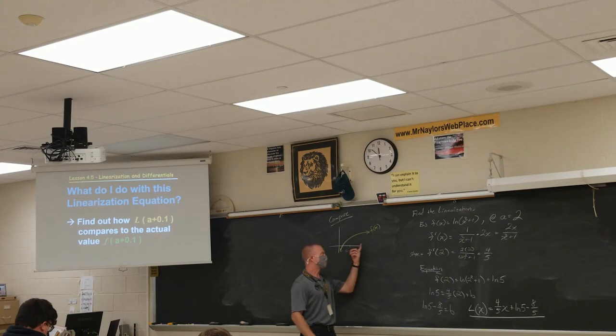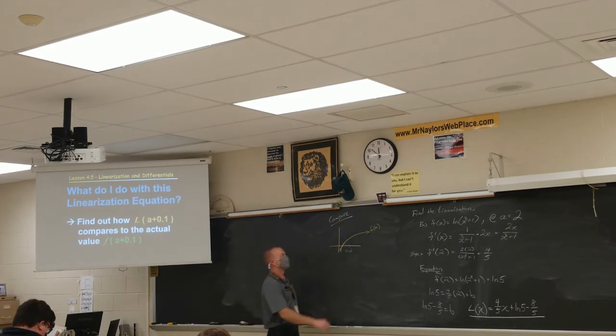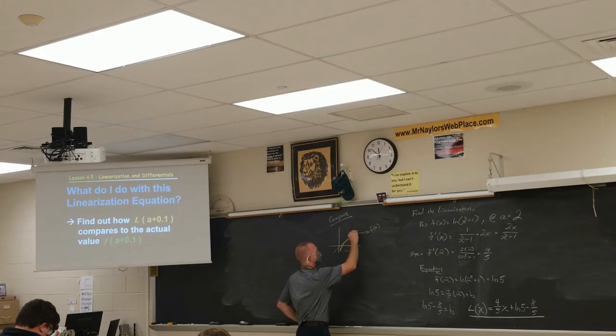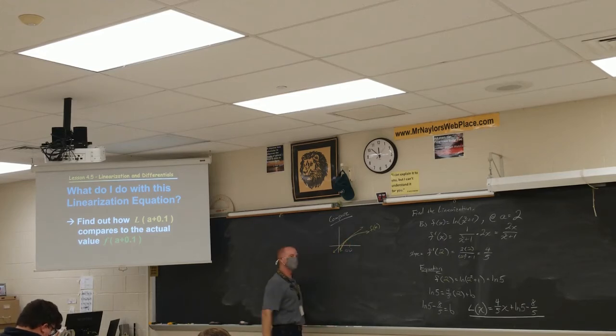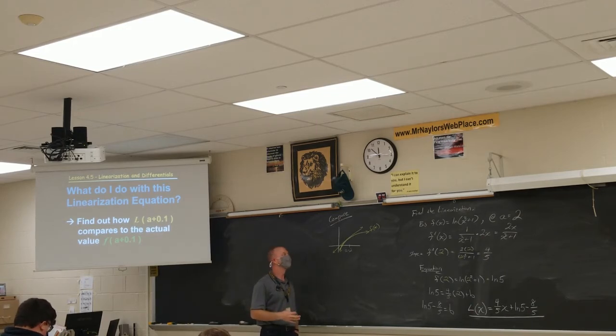Remember, you've got the curve, you've got the function. It's probably nonlinear. And then you have this tangent line. And of course, the tangent line is always linear. So what we like to do is compare. Now, if we're going to compare, we need to compare at a new x value.